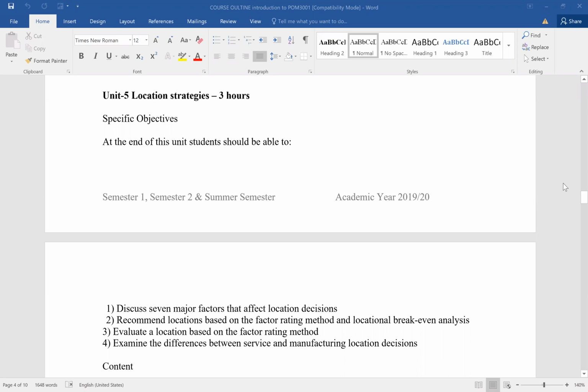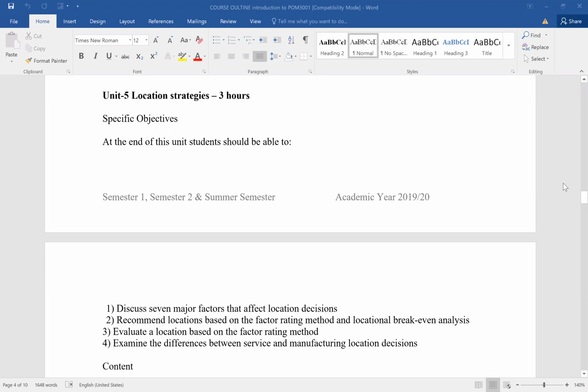But anyway, in terms of location strategy, we always hear about location, location, location, right? Location is very important for setting up your business, and we want to be able to recommend locations based on what's called a factor rating method, as well as a locational break-even analysis. We want to evaluate a location based on either of those two methods.